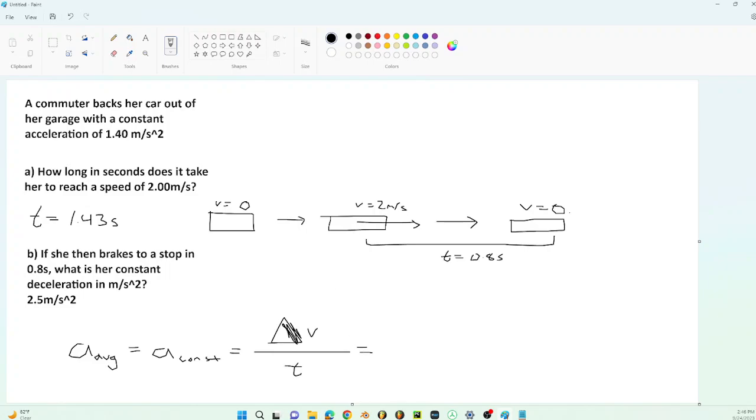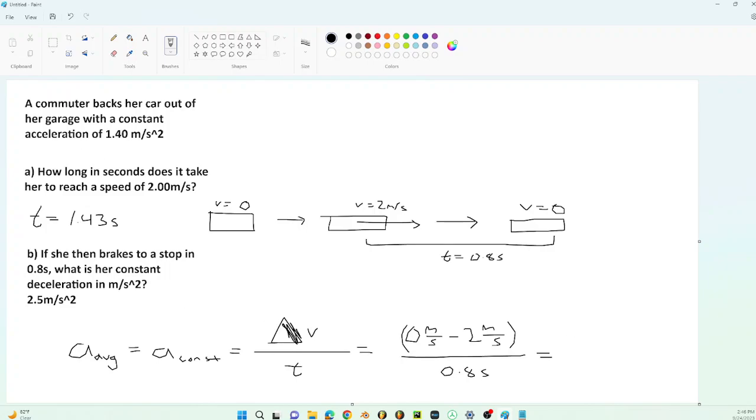Our change in velocity is going to be our final velocity minus our initial velocity. Our final velocity is 0 meters per second. Our initial velocity is 2 meters per second. And the amount of time it took us to change this amount of velocity is going to be 0.8 seconds. And this will give us our answer.